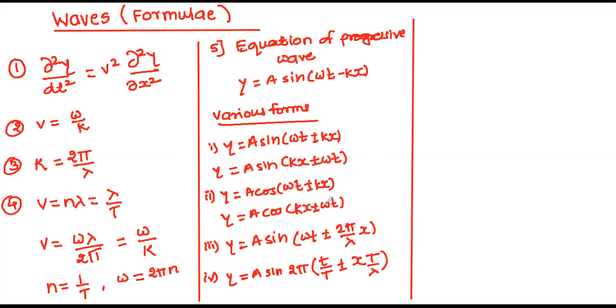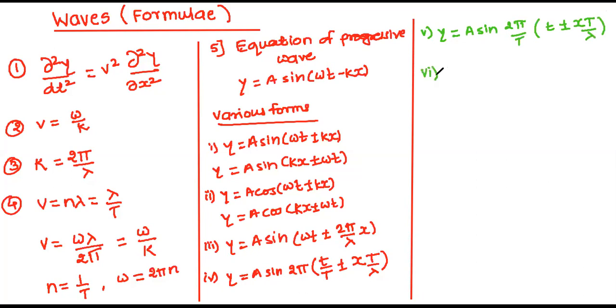Next formula, fifth number, y is equal to a sine 2 pi by T common, into bracket small t plus or minus x into T by lambda into T by lambda.